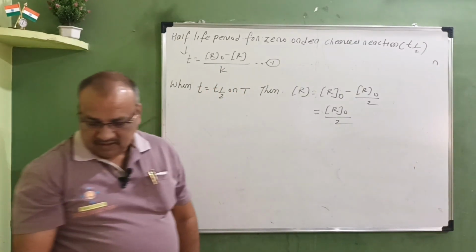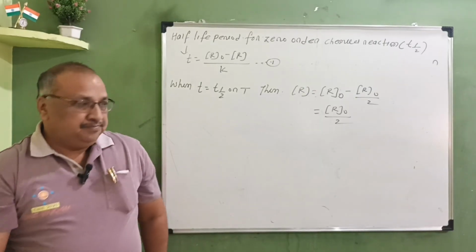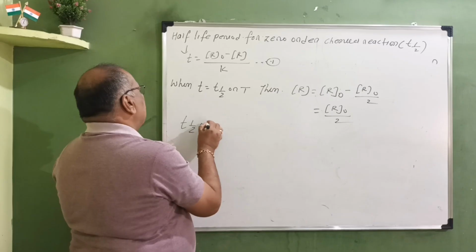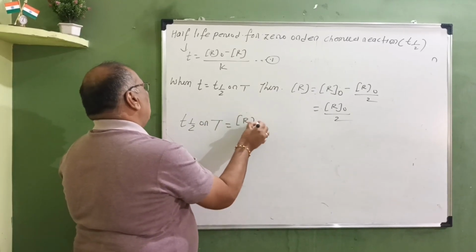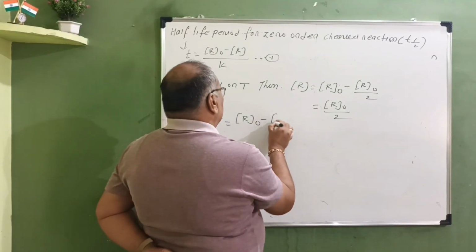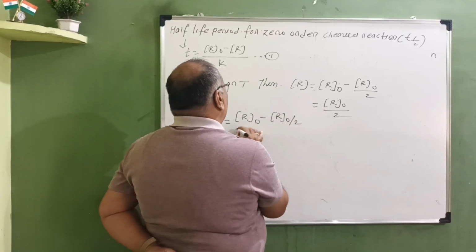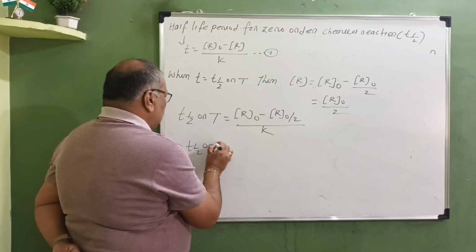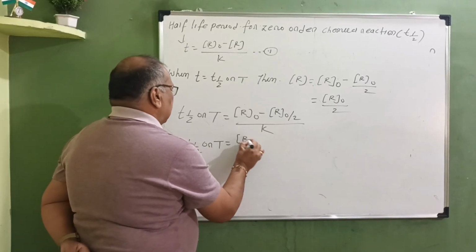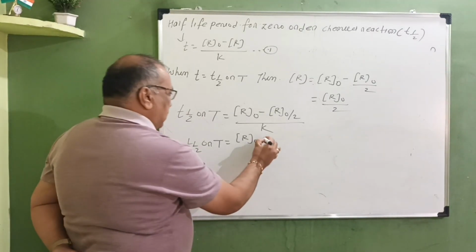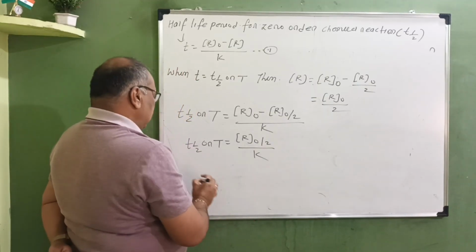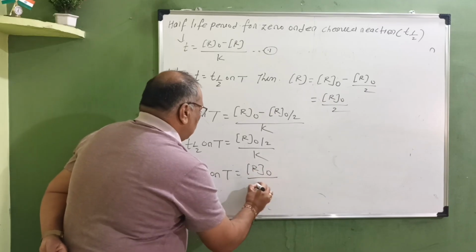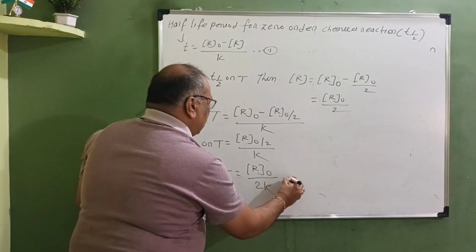Substitute this condition in equation 1, we get T is equal to T half, that is T half is equal to R0 minus R0 by 2 upon K. That means T half or capital T is equal to R0 by 2 upon K, that is, T half is equal to R0 upon 2K. This is your equation number 2.